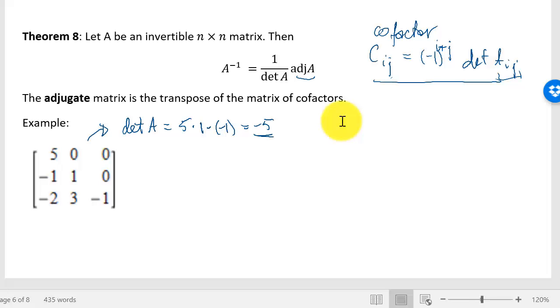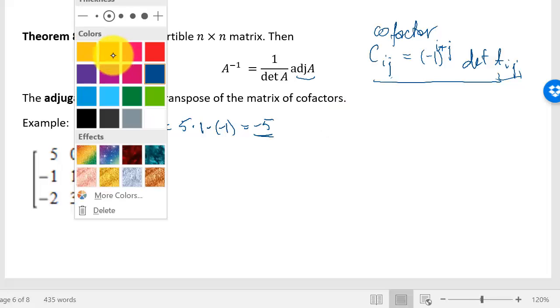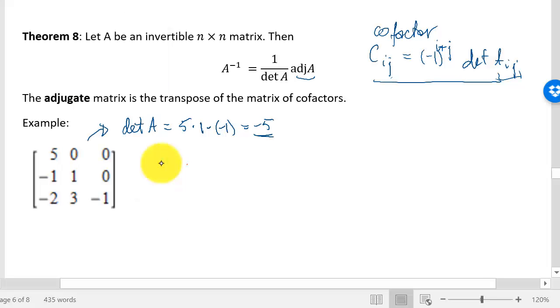And so, what are the cofactors? Let's start with the first one. C11 is going to be, according to this, equal to +1, because this is in the 1, 1 position.